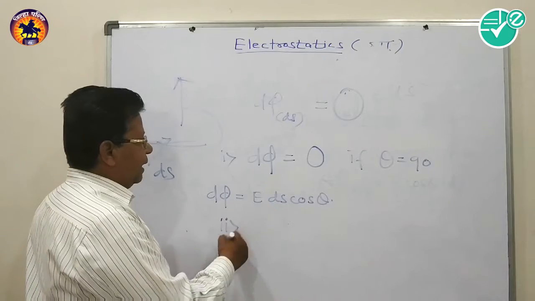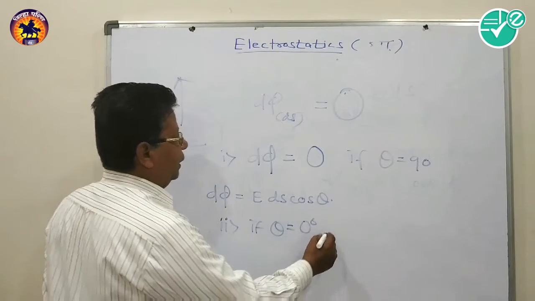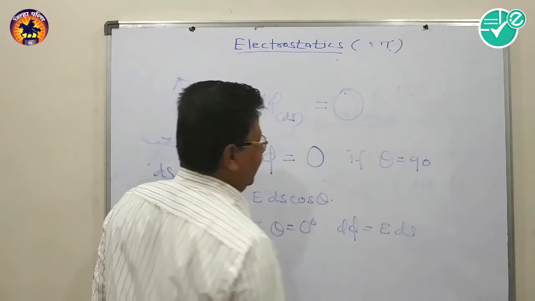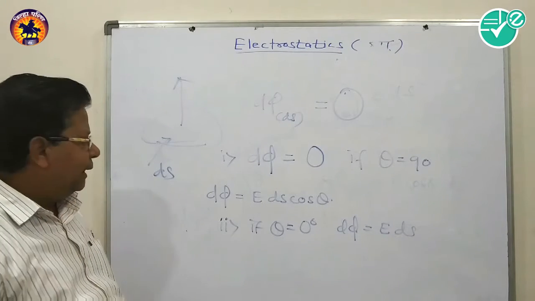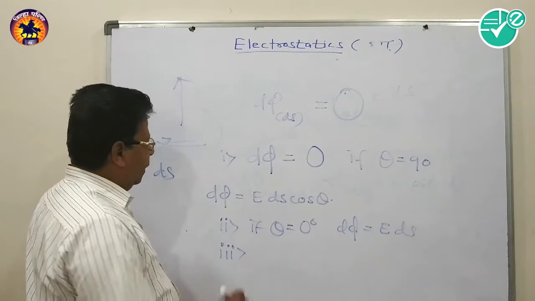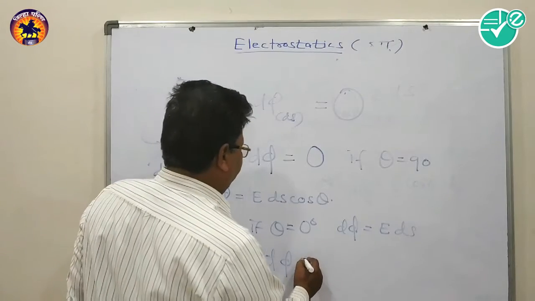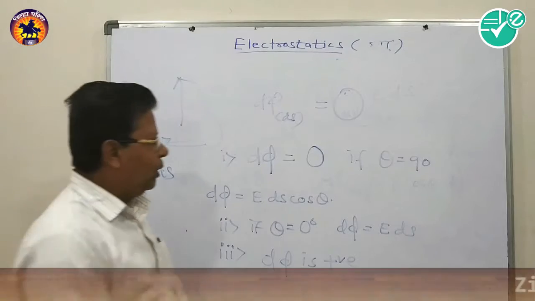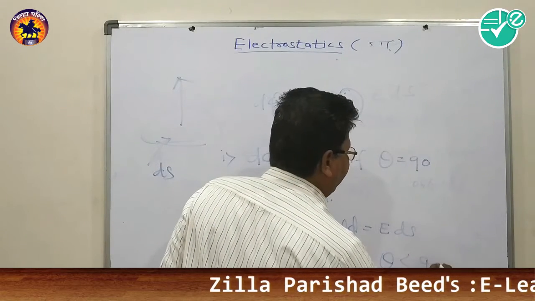In the second case, if theta is equal to 0 degree, then electric flux is equal to E into ds. That means maximum electric flux is passing through area ds. And finally, the last expression is d phi is positive. So d phi is positive when angle theta is less than 90 degree.